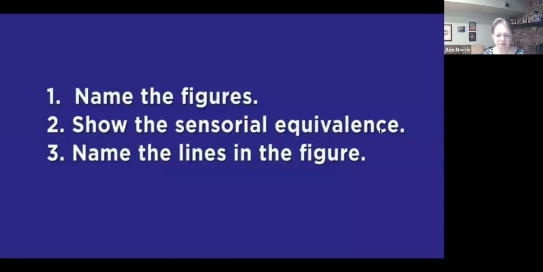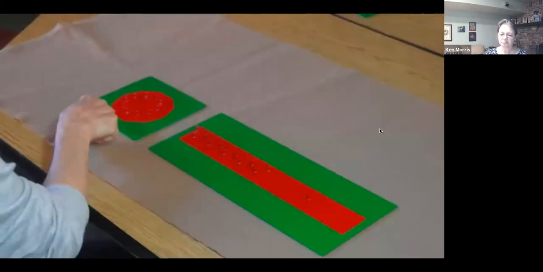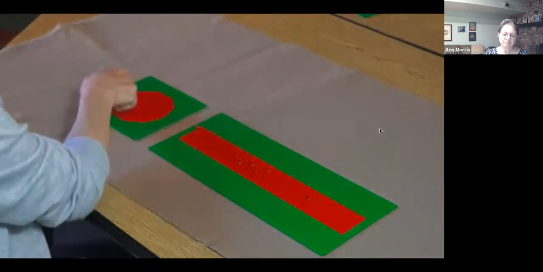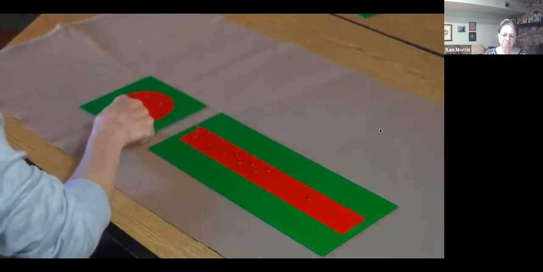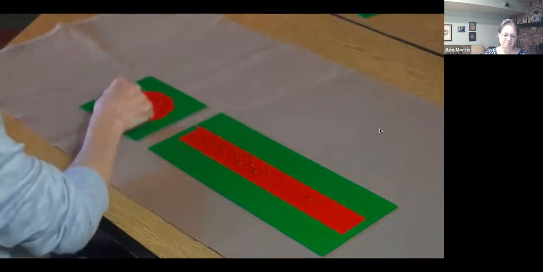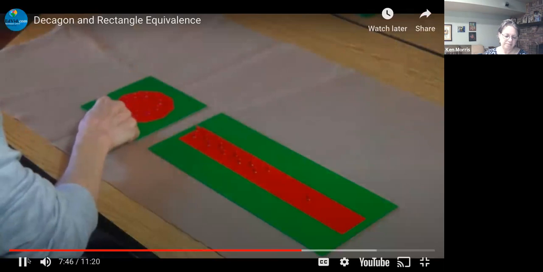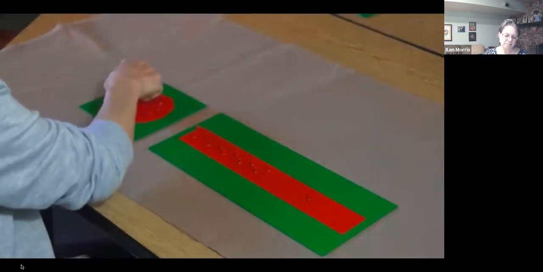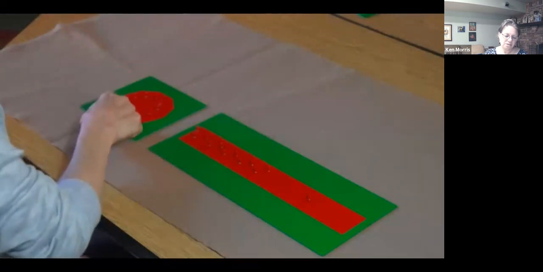This is step 3. I'll name the lines of these figures. So on the regular decagon, the regular polygon, there is this line all the way around the figure, which is called the perimeter. It's the sum of all the bases of these triangles. That's the perimeter.